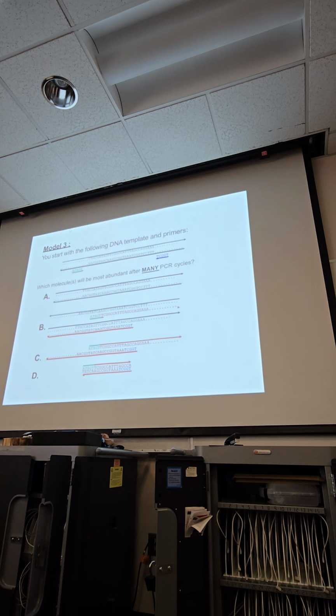With the black, after 10,000 cycles, how many strands of black will you have? 2. Doesn't matter, you're never doubling black. All right. After many cycles, how many of the B's do you get?